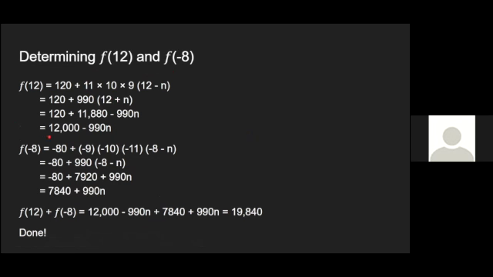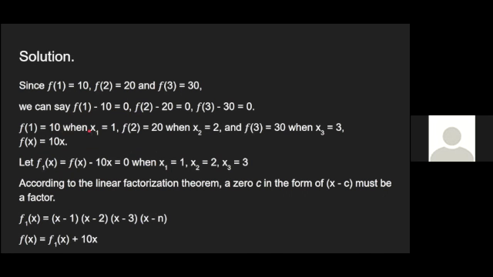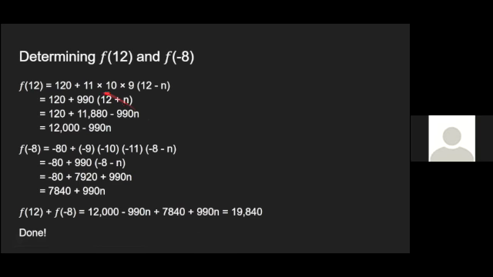So f(12) equals 120 plus 11 times 10 times 9 times (12 minus n). This is according to our equation over here, and you can't even see it because of this thing, whatever.